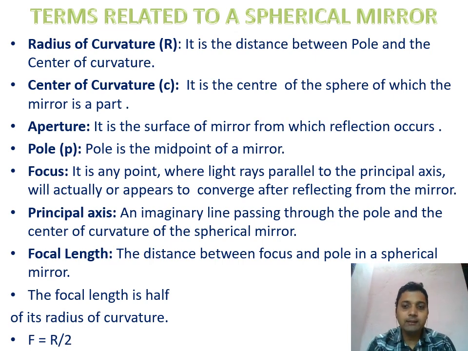So focal length is always half of the radius of curvature, or radius of curvature is double the focal length. R equals 2F, or F equals R by 2. So these are the different terms used in a spherical mirror.